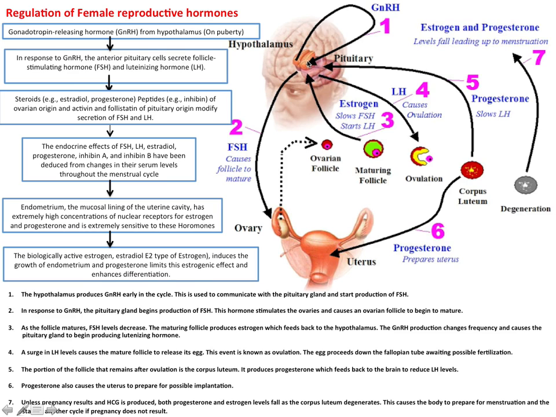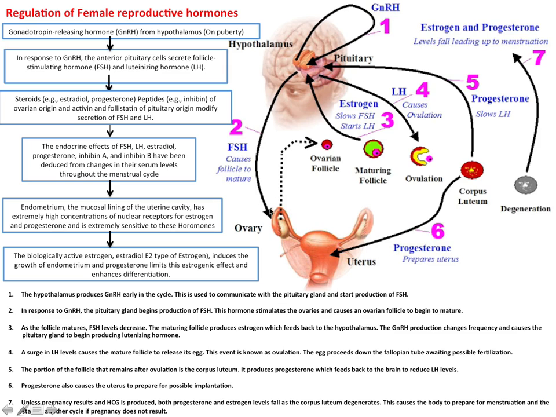This GnRH is released from the hypothalamus and comes to the pituitary gland. In response to the GnRH, the pituitary gland starts production of FSH first. This FSH is released from the pituitary gland and through the blood it comes into the ovary.